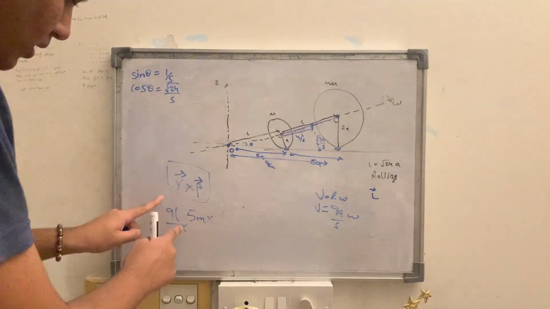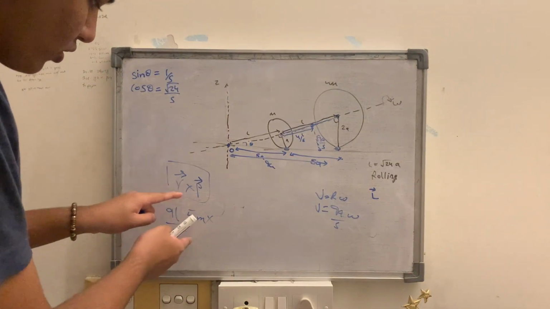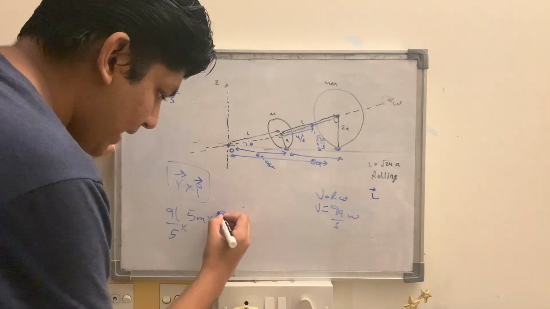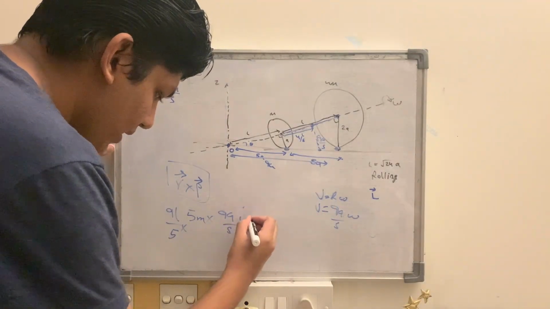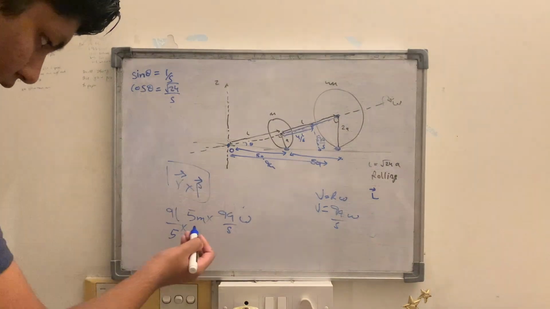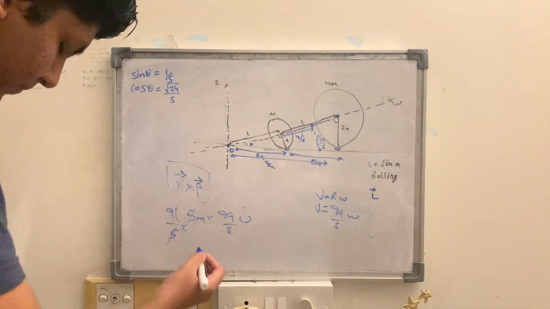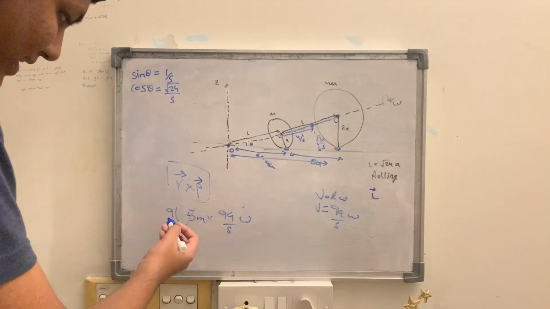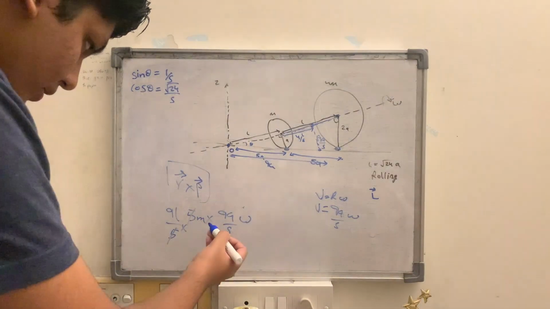So over here, r cross mV, M we know, and V is 9a by 5 omega. Okay, now 5 gone, and L we can write as root 24a, right?